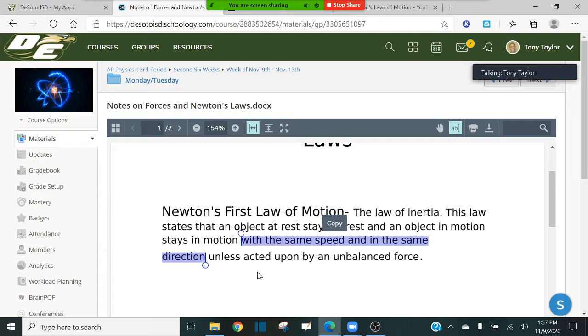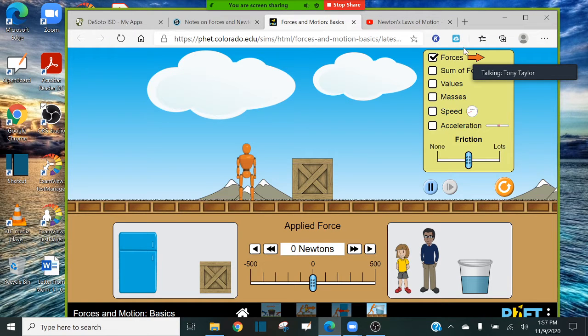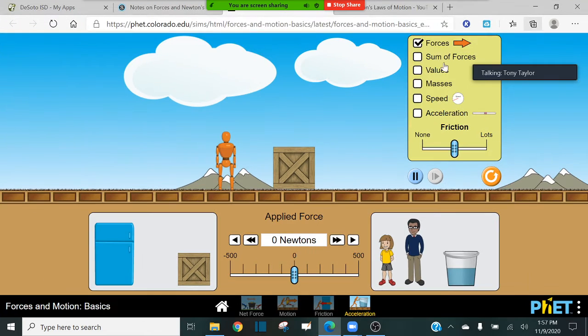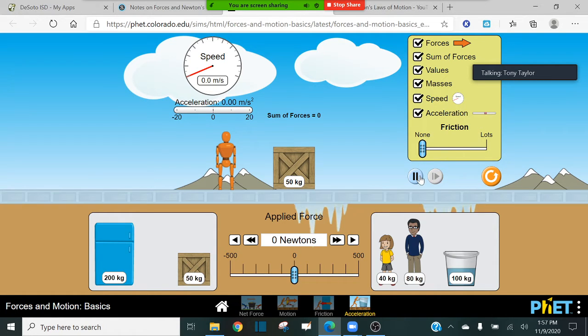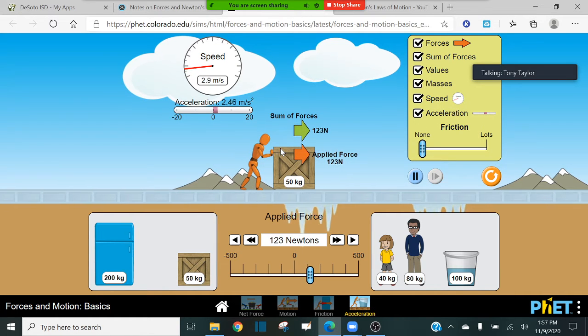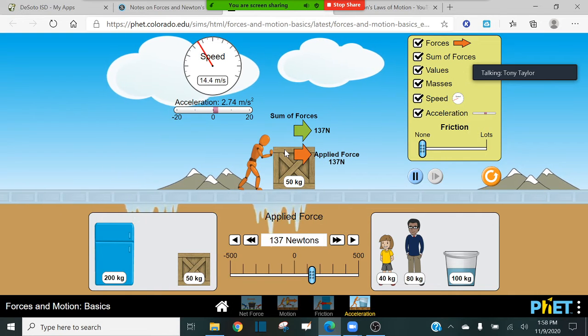constant speed forever. And by the way, guys, you saw that in your lab. Hopefully, you saw Newton's first law demonstrated in the lab. Even though this lab focused mainly on Newton's second law, notice that whenever we turn friction off, as long as the man is pushing on the object, it is speeding up, accelerating.